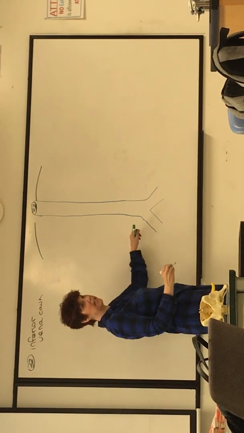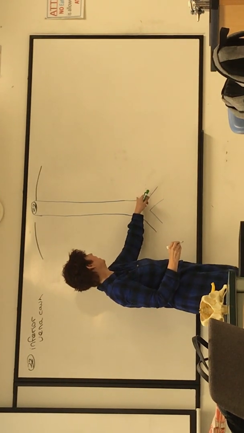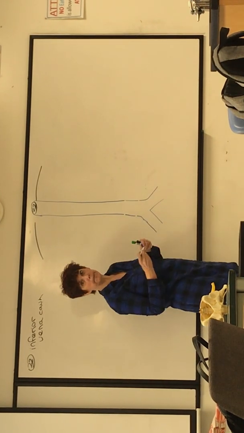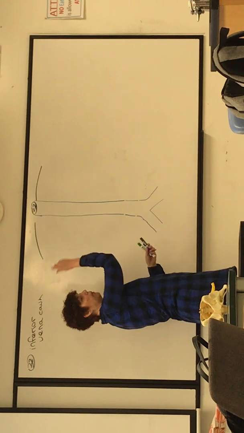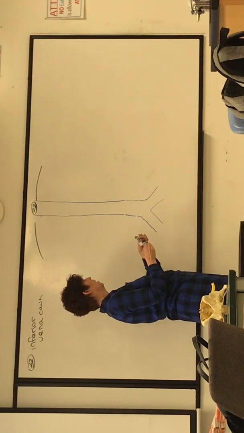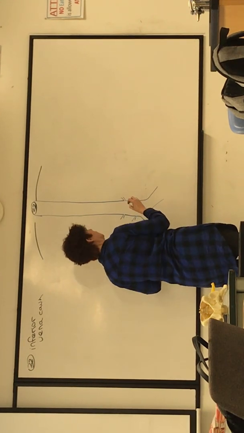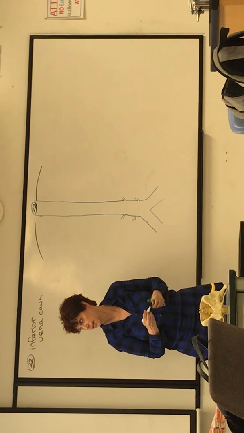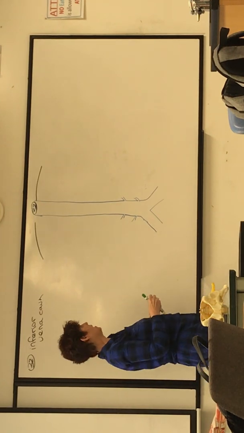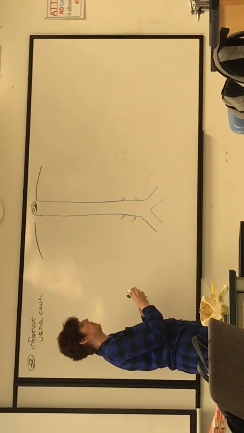We're going to start from down here and just put in a few of our lumbar veins. They go all the way up. And these could also drain into those ascending lumbar veins, okay? But we're not going to draw those in.